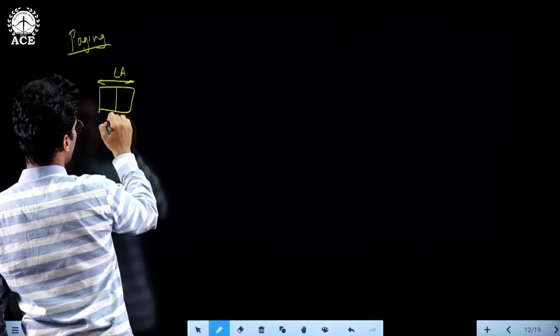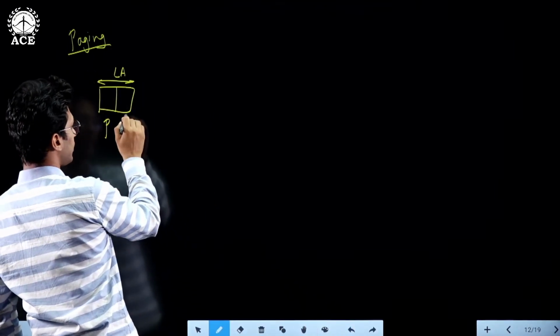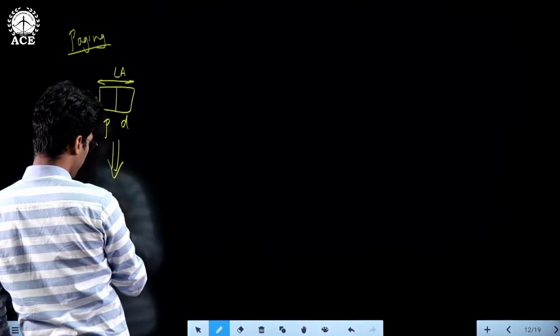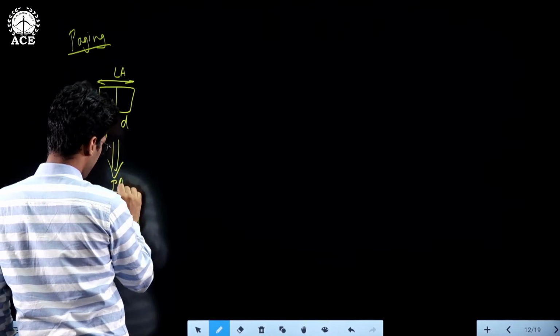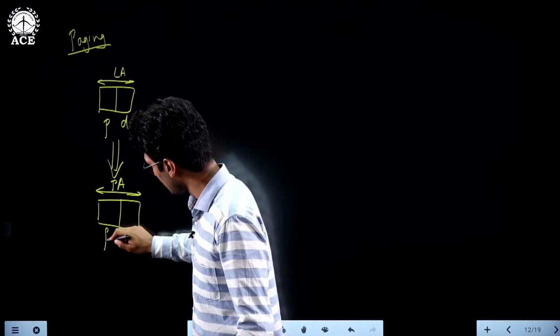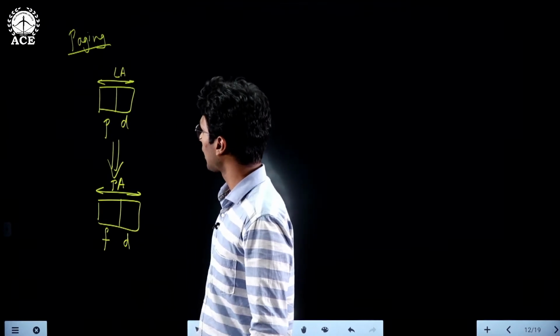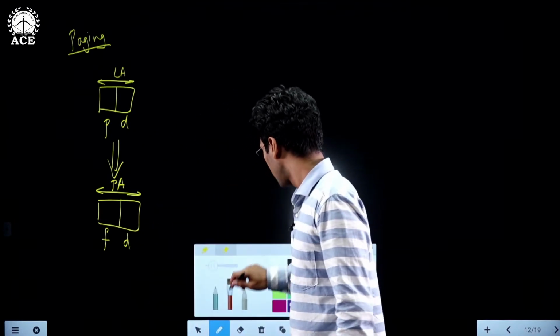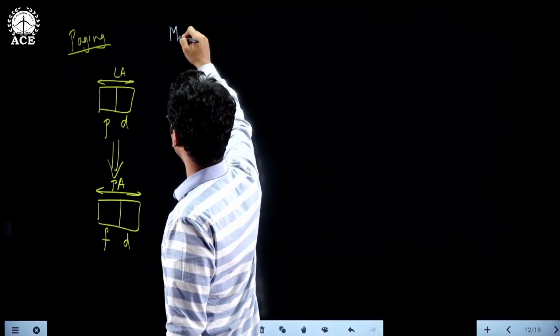Page number and page offset, which got converted to physical address, frame number and frame offset. Done. This is what happened. Now, let's see what we did in multi-level paging.